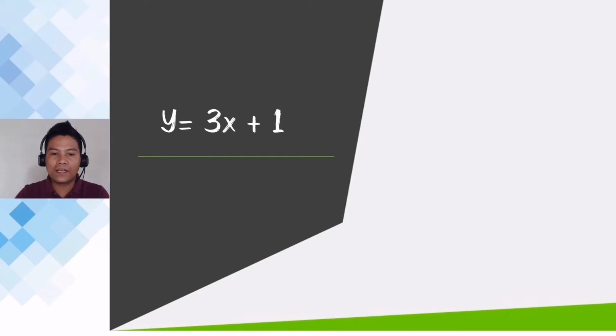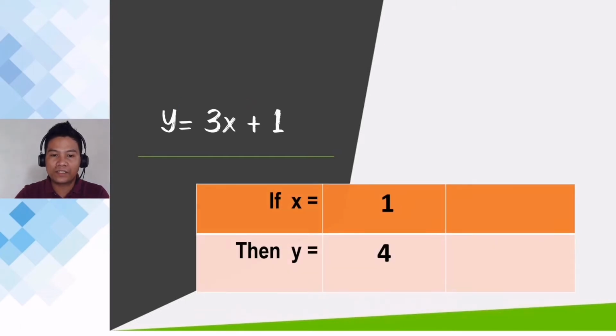Suppose we assign 1 to the value of x. What happens to the value of y? A simple mathematical solving here, we are just going to change x into 1.